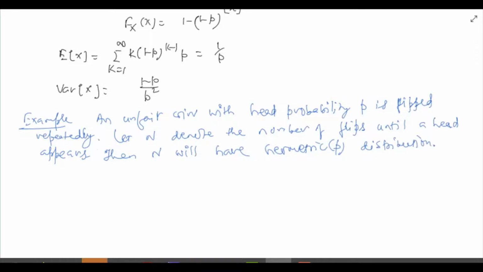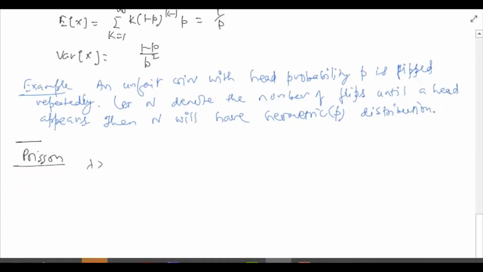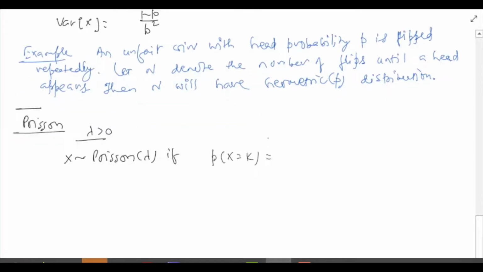Let's see one more example of a discrete random variable that is very important, and this is Poisson. For a positive number lambda, we say that a discrete random variable X has Poisson distribution with parameter lambda if its PMF is given by the following expression: probability that X will be k is e raised to minus lambda, lambda raised to k, over k factorial.